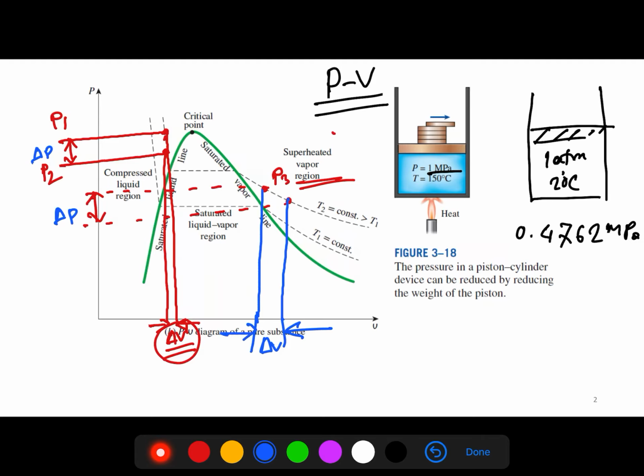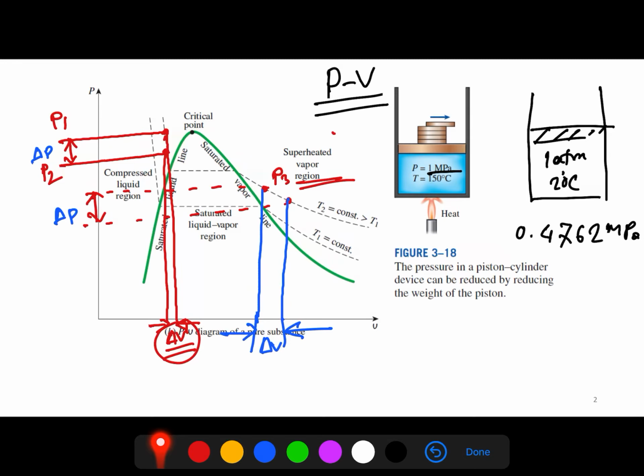So what we found, definitely at constant temperature, is that if you decrease the pressure by delta P in the liquid region and an equal amount in the superheated vapor region, the specific volume will increase slightly here, but the specific volume increase here will be significantly higher than in the liquid region.